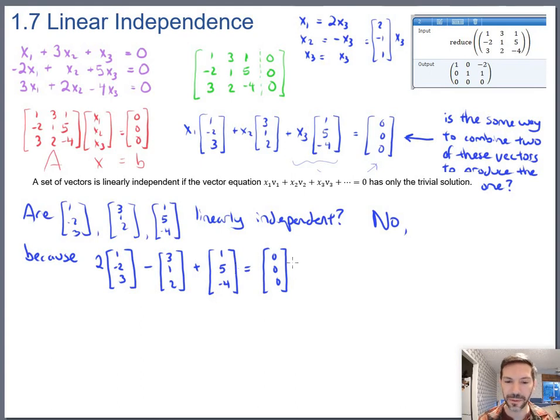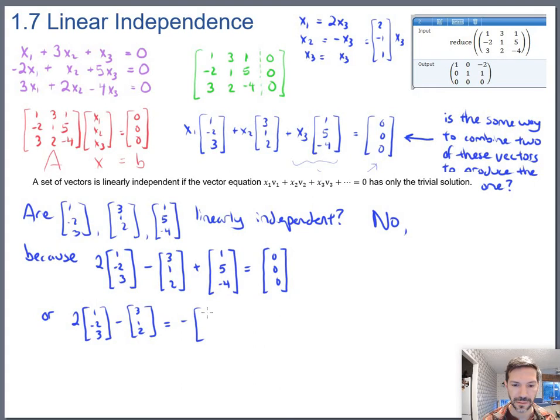If we really want to be explicit about the linear dependence, we should really show how you can combine two of the vectors to make another one. So if you really wanted to write a dependence relationship, I'm going a little bit beyond what we really need to do here, but to really be explicit, you could say 2 of the first vector minus 1 of the second vector would make negative 1 of the third vector.